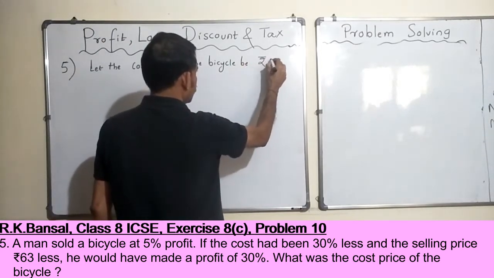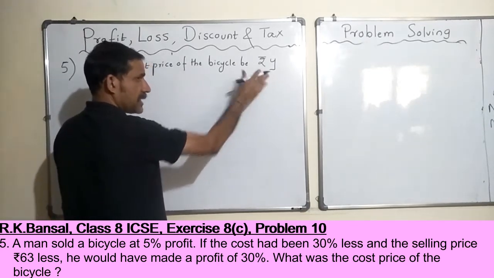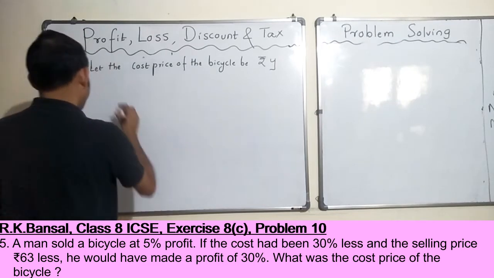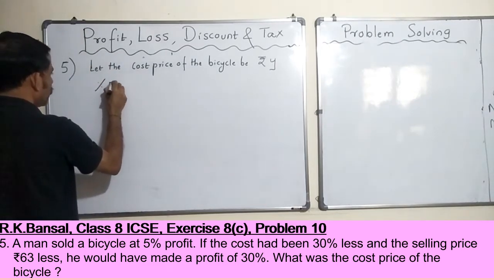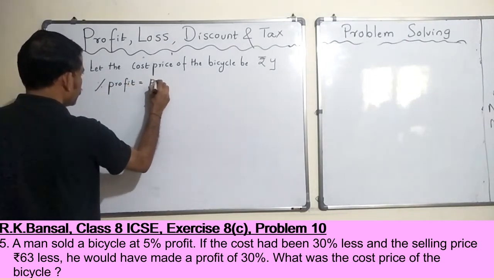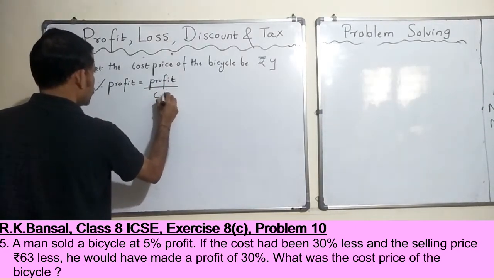I don't know what the cost price is, so I am just taking it as y rupees. Now he made a profit of 5%, right? Percentage profit, you remember the formula, is equal to profit by cost price into 100.